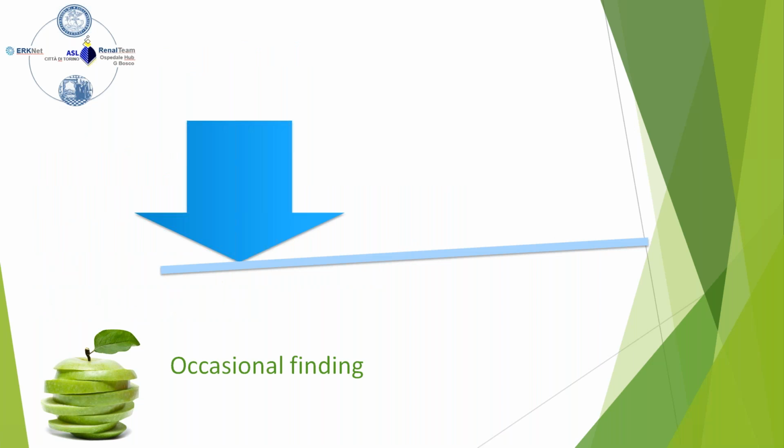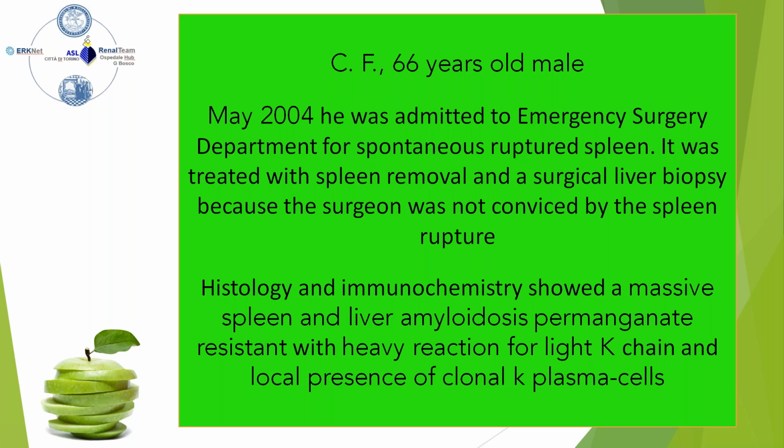When you find an amyloidosis, first of all, you can have an occasional finding. The first patient affected by amyloidosis that I followed, in 2004, was admitted to our hospital because of a spontaneous rupture of the spleen due to a massive spleen and liver infiltration by light chain amyloidosis.